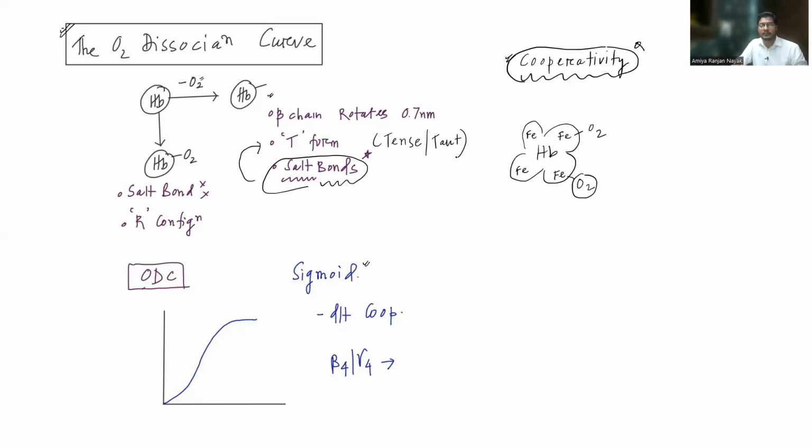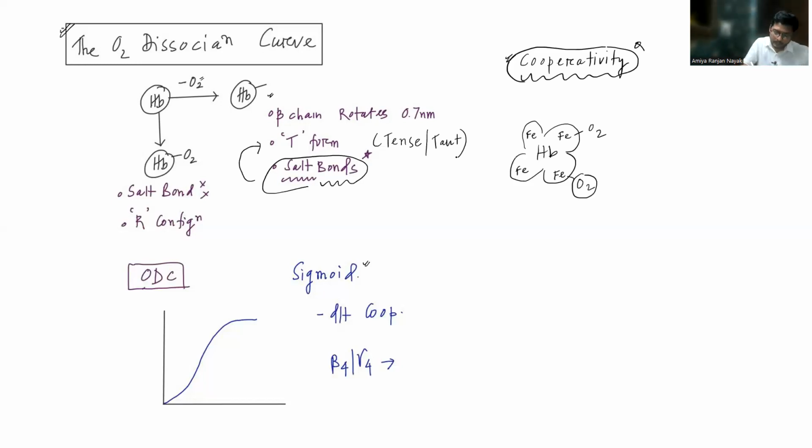Once the salt bonds are formed, the hemoglobin will take the tense configuration. Now this tense configuration will have reduced oxygen affinity. That means if you take out 1 oxygen, they will tend to lose the other oxygens.